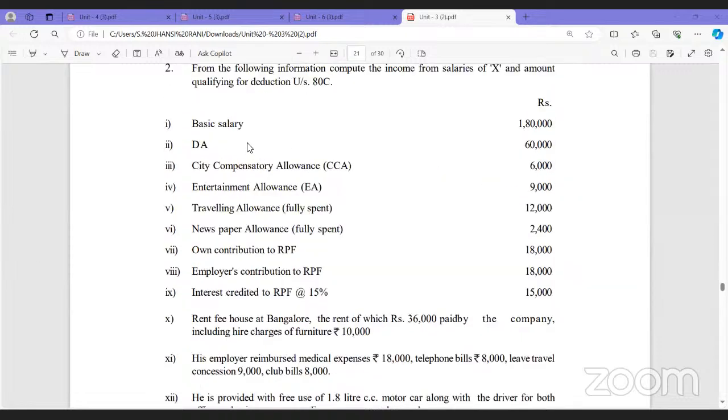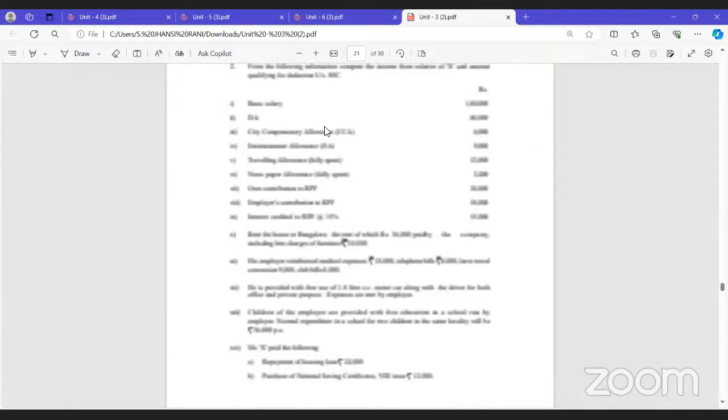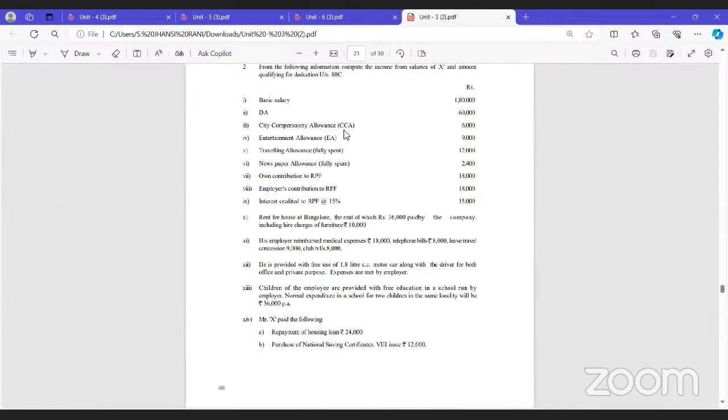So first they have given basic salary. Now I think it's visible.